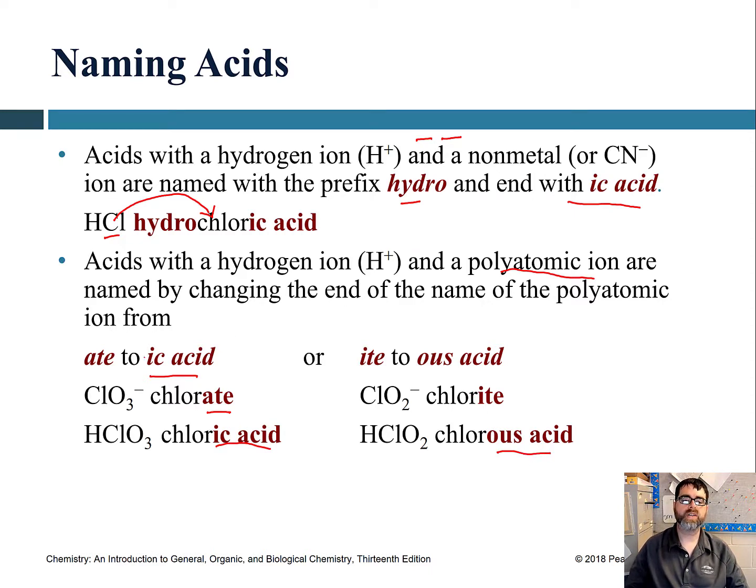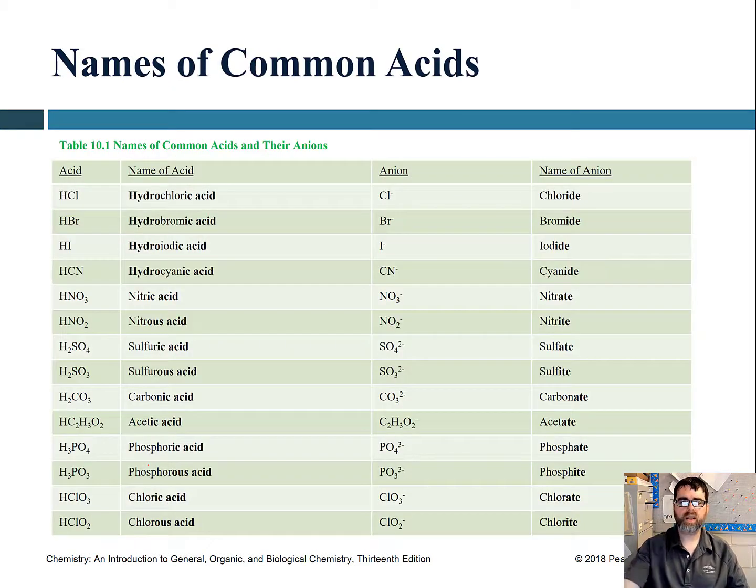And then, of course, there is such things as per-ate ions and hypo-ite ions. Those become per-ic acids and hypo-ous acids. And so if you have that prefix on the ion, then you also get that prefix on the acid. I'll let you pause here if you want to take a closer look at this.